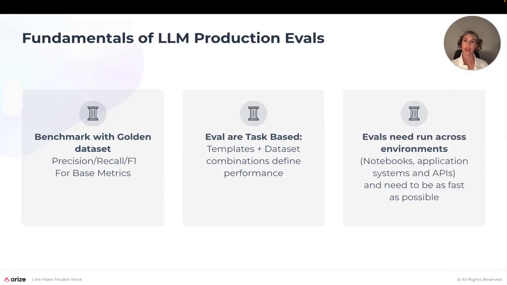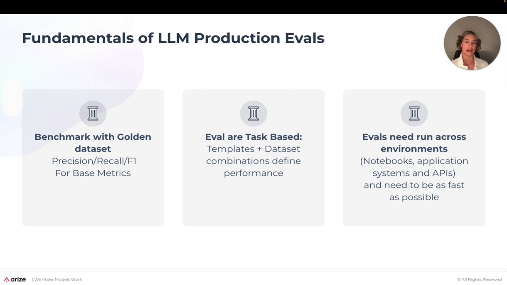Some of the fundamentals for working with large language models in production: you want to be able to first benchmark with what we would call a golden data set. It may take a while to curate such a data set, but the ground truths are in, they are correct, they've been vetted, and it's an ideal data set for the benchmarking task.